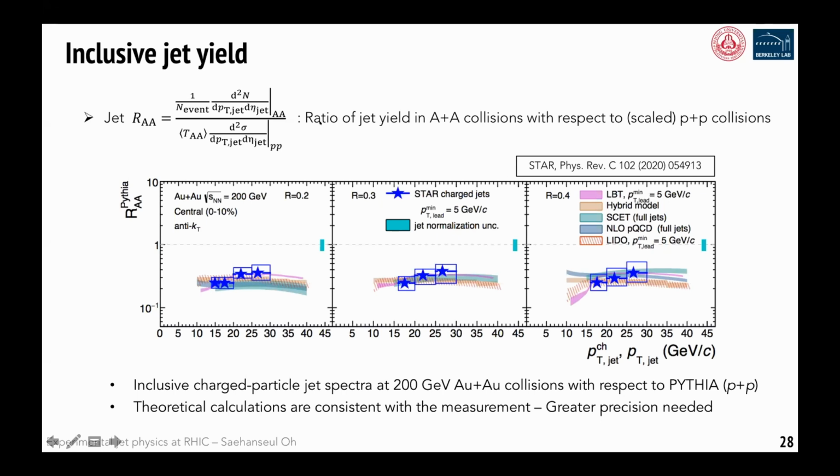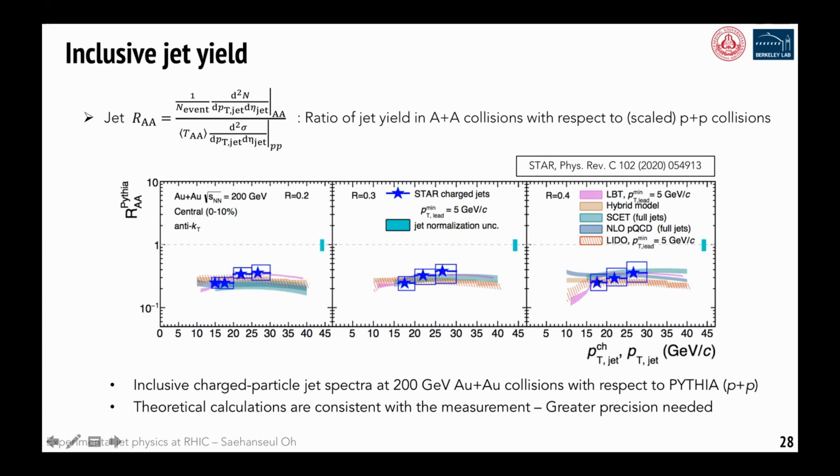RAA is the ratio of the jet yield in heavy ion collisions with respect to scaled pp collisions. This is the RAA relative to Pythia events, the inclusive charged particle jet spectra at 200 GeV with respect to Pythia. This paper shows the theoretical calculations here as well, and they are all kind of consistent with the measurement.